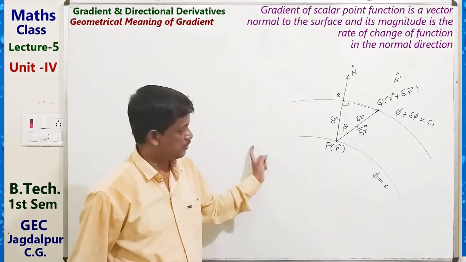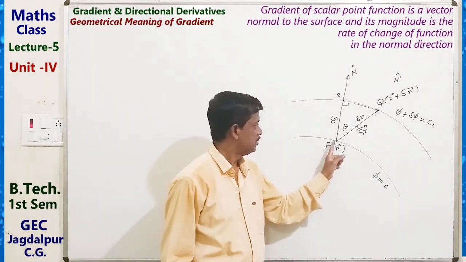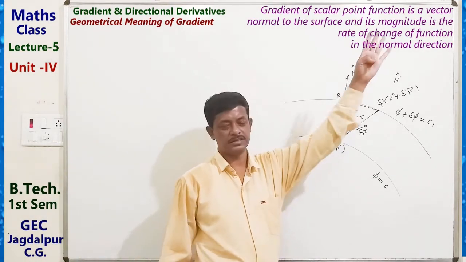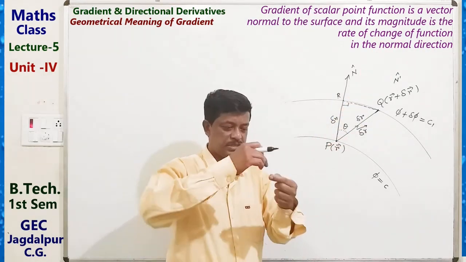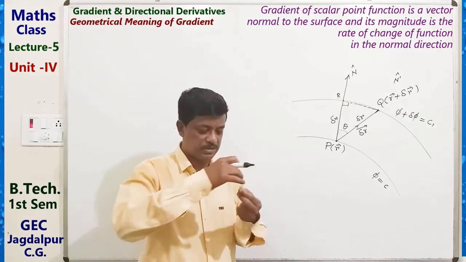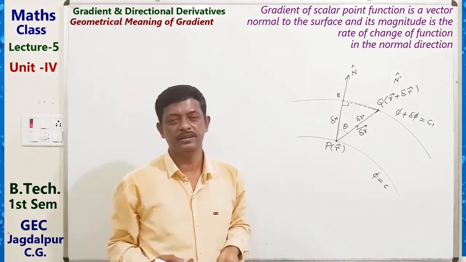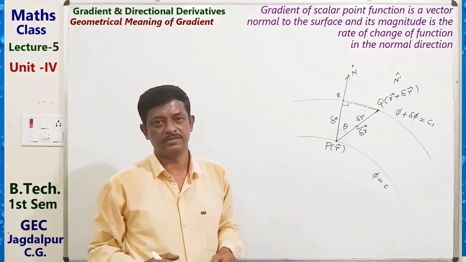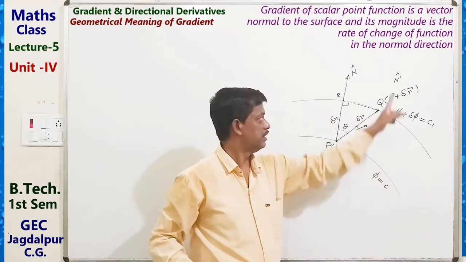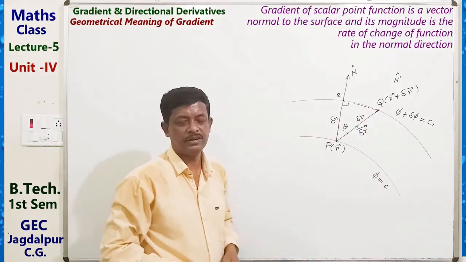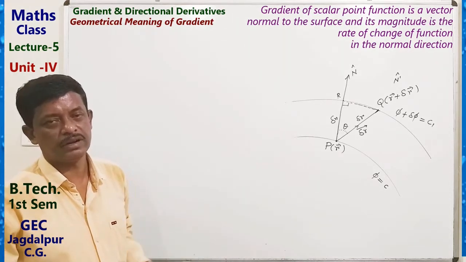Suppose this is level surface and phi increases in this direction, and from this point on the surface, in any direction we can find derivatives. Suppose this is the direction, n cap direction.